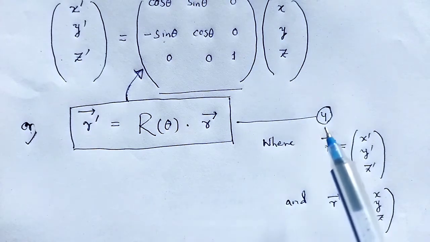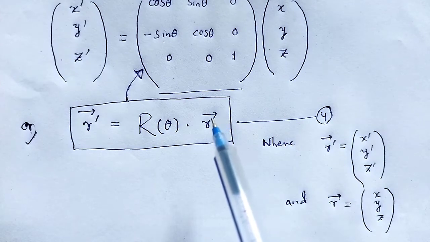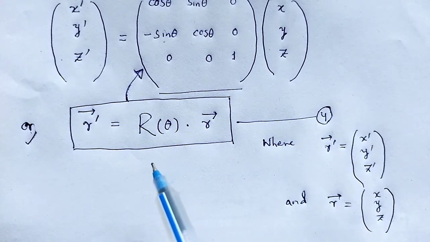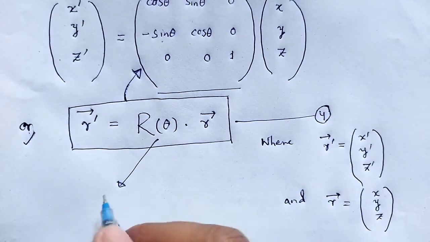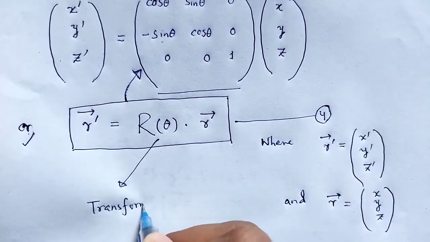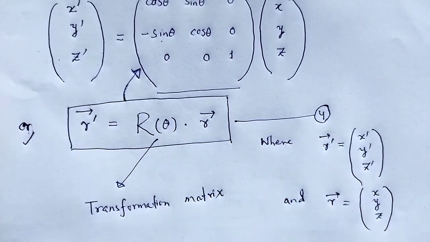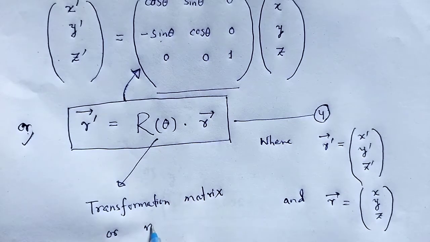So, in the entire discussion, the r vector goes to the r dash vector under rotation of coordinate axis about the z axis in the counterclockwise sense. So, r of theta is called the transformation matrix, or we can say it is the rotation matrix.